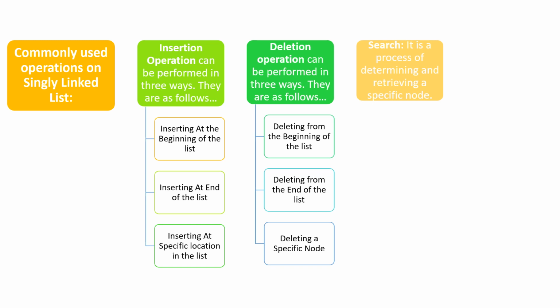Search is the process of determining and retrieving a specific node. And display can also be done in this singly linked list. This process displays the elements of the singly linked list. So these are all the operations that can be performed in the singly linked list.